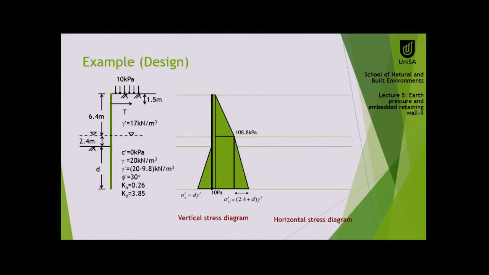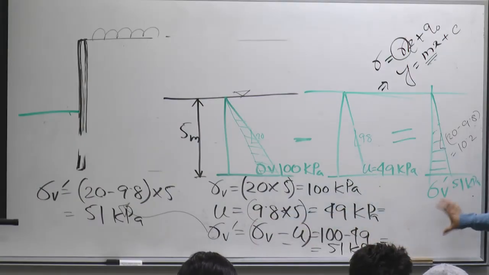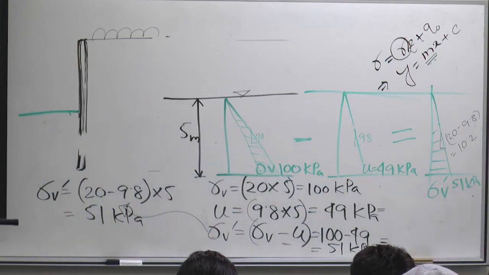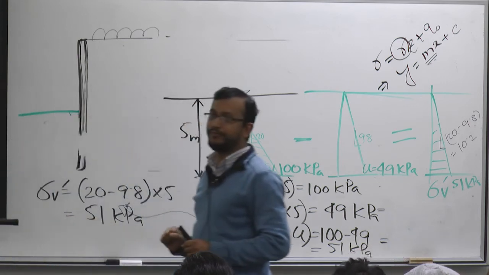If you remember in soil mechanics what I told you, you draw the vertical stress diagram, you draw the pore water pressure diagram, take off pore water pressure from vertical stress, you get that. We can do it. Now we are more confident with the calculation. If we use this concept over here, if you change that gamma to gamma prime, it will do the effective stress analysis.